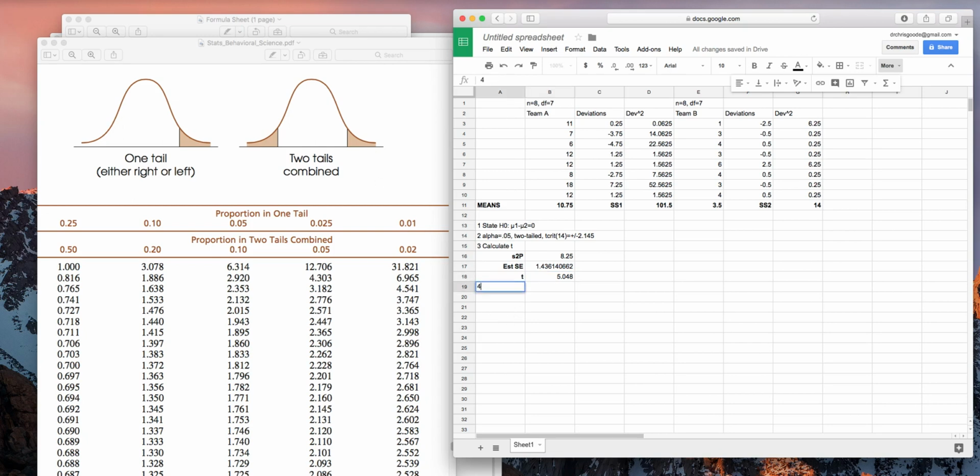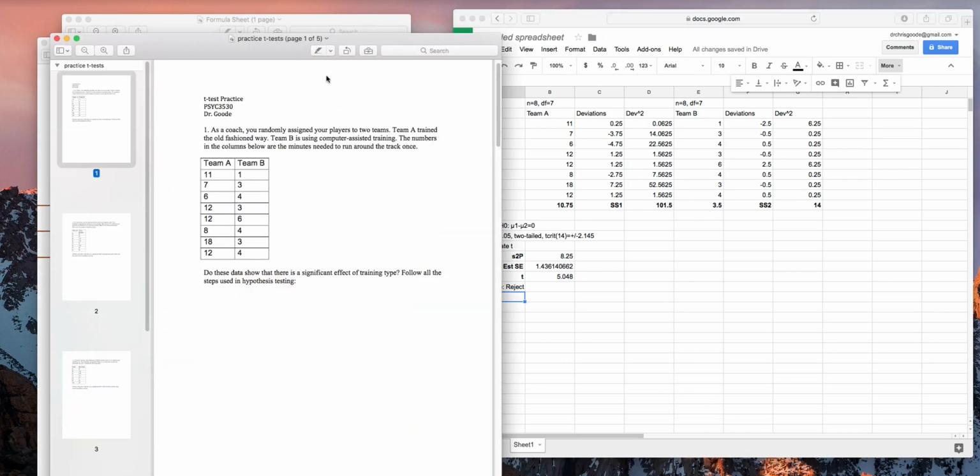So step 4 is decide. And what does that mean when we reject the null? Well, let's see. We got a positive number for t, but we subtracted team A minus team B, which means that team B had a lower average score than team A. But let's go back to the problem. What did they measure? Minutes needed to run around the track once.